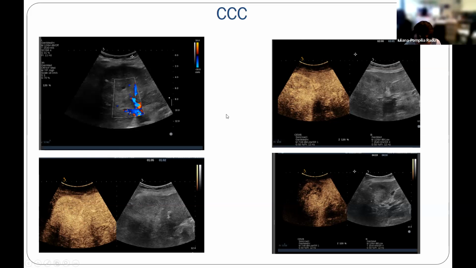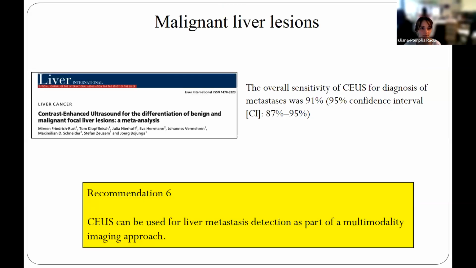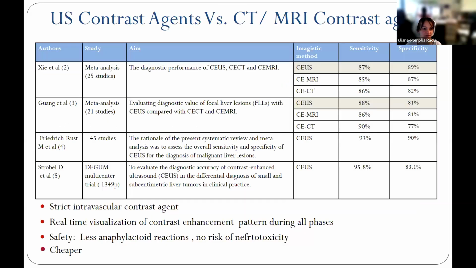This patient was an old lady. We performed a biopsy because we have to. Contrast enhancement is not considered a good method to differentiate between cholangiocarcinoma and HCC; it proved to be cholangiocarcinoma. So contrast enhancement ultrasound is also recommended in the detection and diagnosis of malignant lesions.